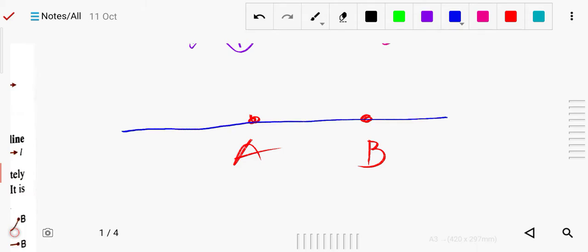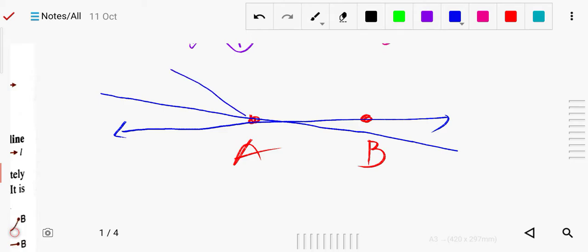Suppose this line is passed. If I want to pass another line through these two points, can it be possible? No. It is possible, but it will be a curved line. It is not a line, it is a curve.